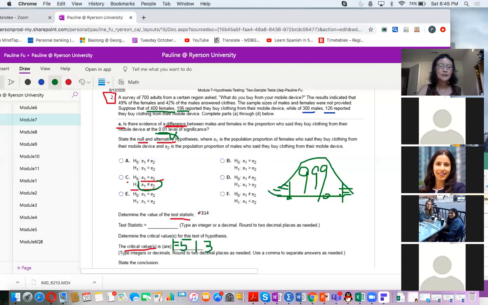And you get two critical values. Okay, one is positive 2.576, and the other is negative 2.576.